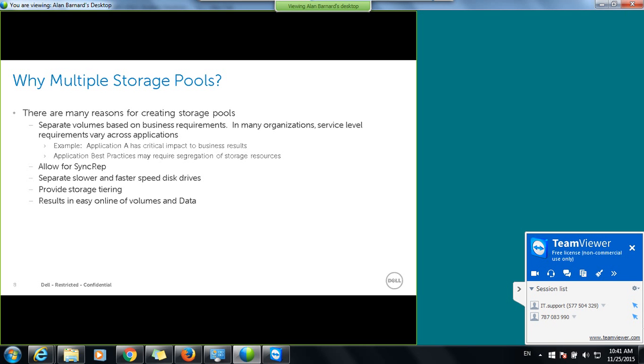That's one of the reasons why you have multiple storage pools. Now, these are the different business and design reasons why you have multiple storage pools. One is, of course, business. You don't want a business critical application running on the same array as non-business critical ones. So you can create multiple pools.